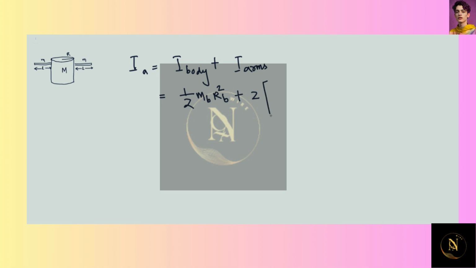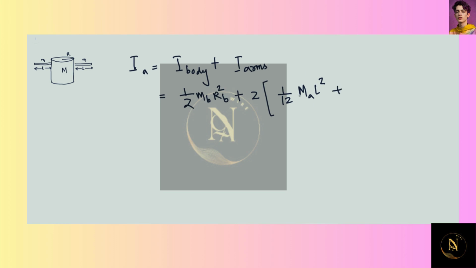So we have twice the moment of inertia of each arm, which will be equal to 1/12 times the mass of the arm times the square of the length of the arm, which is L here.